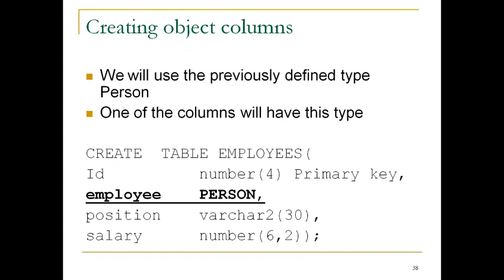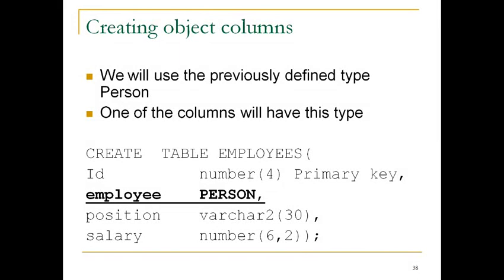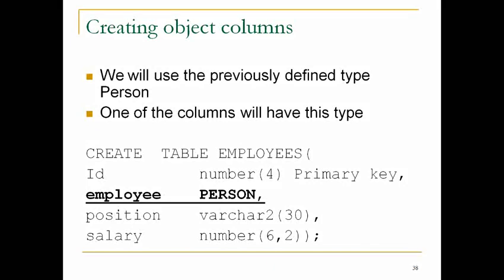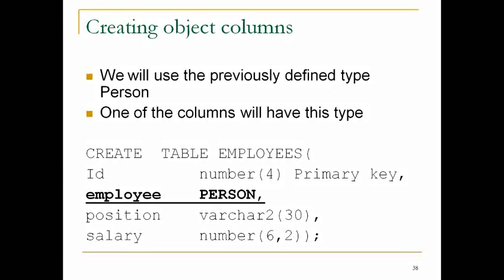How can we create object columns? For example, recall the previous example, we created an object person. If we have this object person, probably we would like to store its data together and add some other data to get all data that we need for an employee.